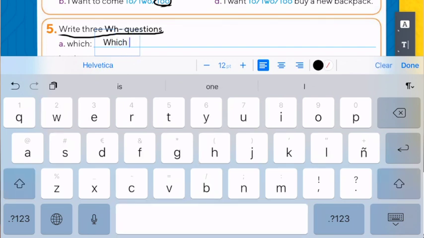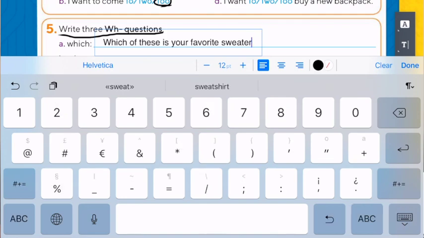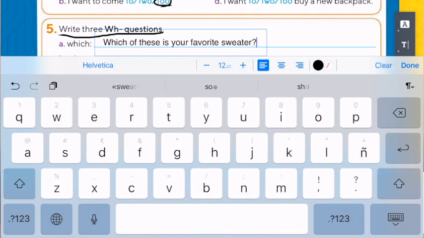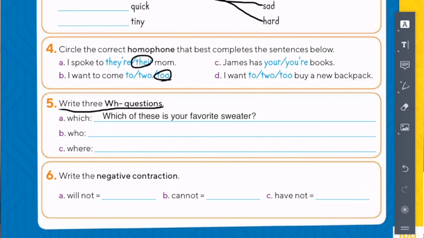Which of these is your favorite sweater? Which of these is your favorite sweater? I'm not wearing a sweater, but I love sweaters.